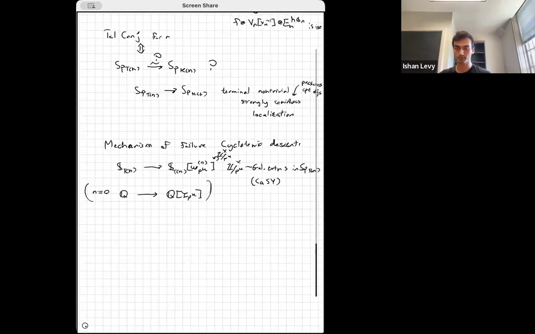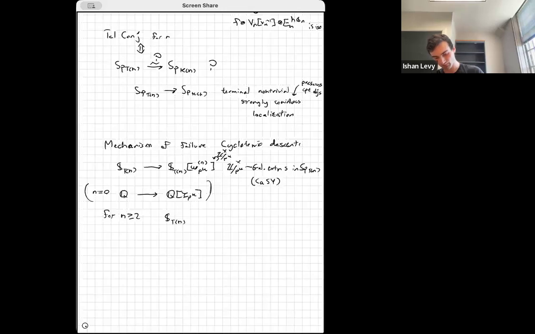So the point of the failure of the telescope conjecture, or the mechanism for it, is that for at least 2, you can look at the infinite cyclotomic extension. Namely, you can take the colimit of all of these finite extensions. I'm just going to denote that by omega p infinity.